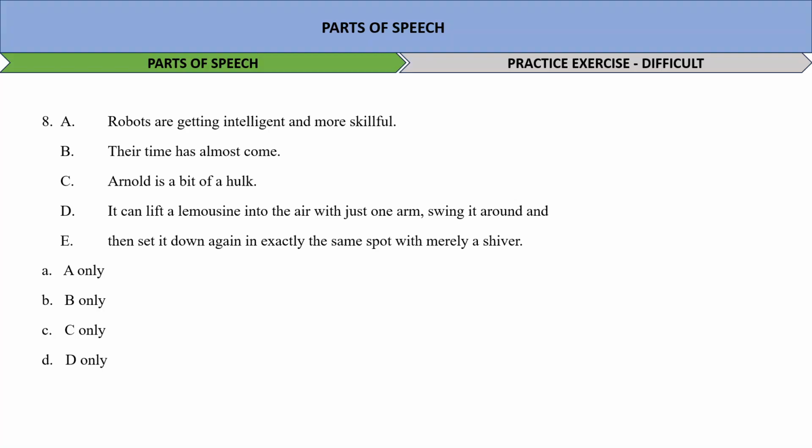There are comparative degrees used, and if you see, robots are getting intelligent and more skillful. Are getting more intelligent and skillful would be an appropriate way of using it, and not more intelligent and more skillful. It should be robots are getting more intelligent and skillful. Okay, so I can see the error in only option number A, and hence we'll go with option number A.